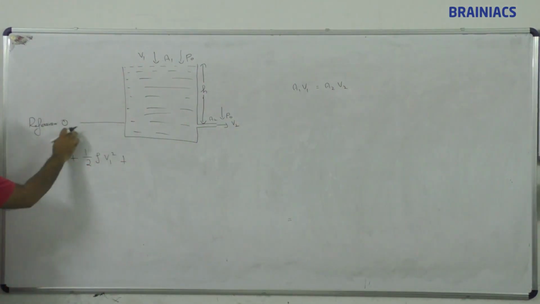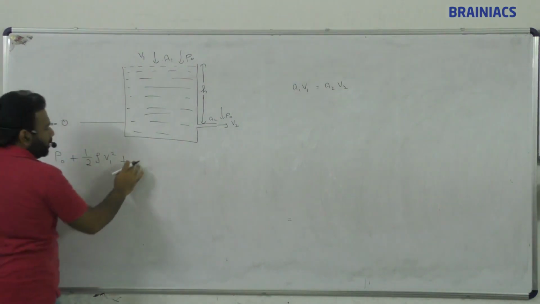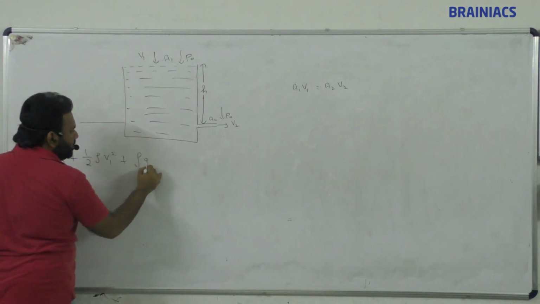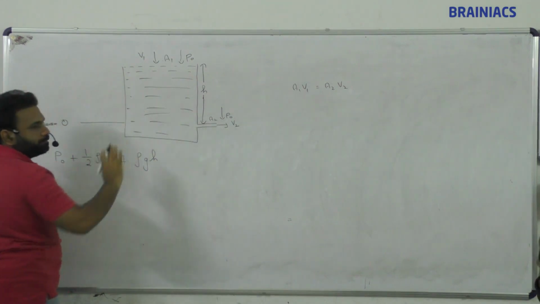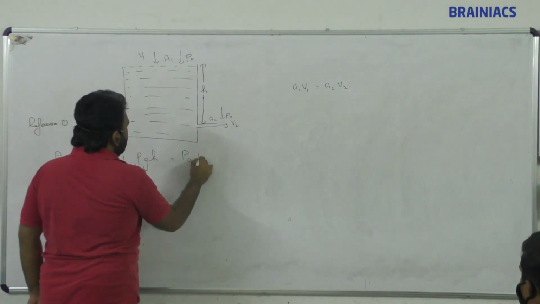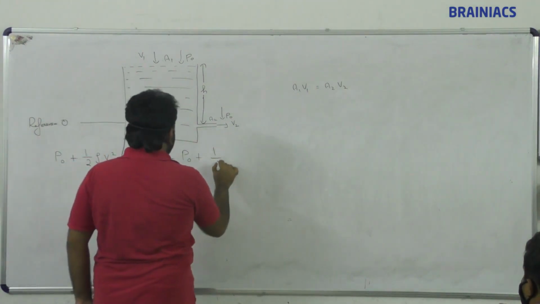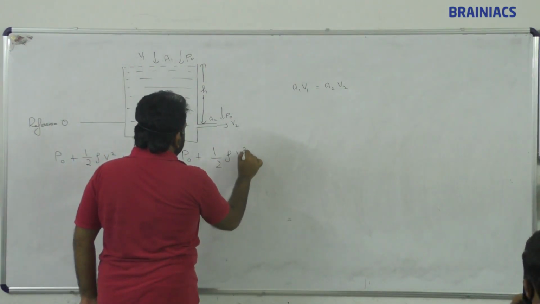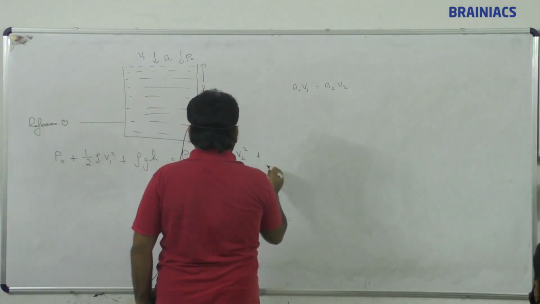So suppose I consider this as a reference point, I could write this as rho g H. Now this is equal to again P naught plus half rho V2 square plus 0.